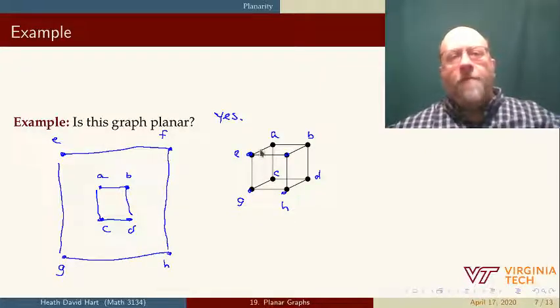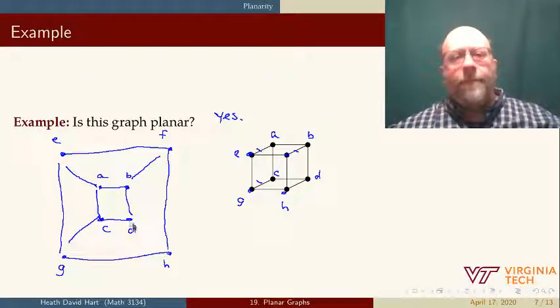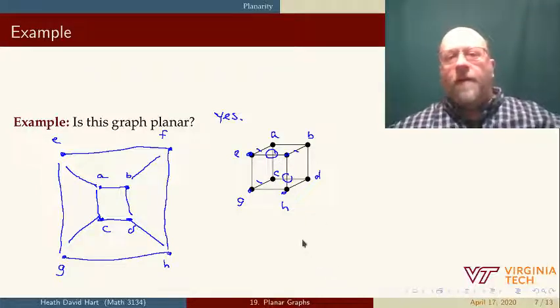And then we have these edges here that go from E to A, F to B, C to G, and H to D, and those edges just go out here. And now we don't have any crisscrossing edges like this graph has here and here. So this graph is planar.